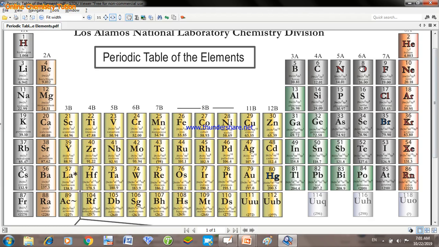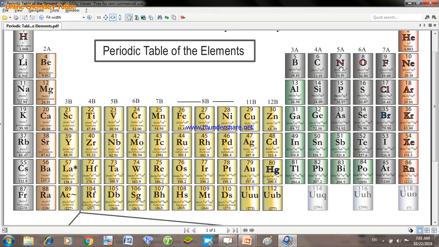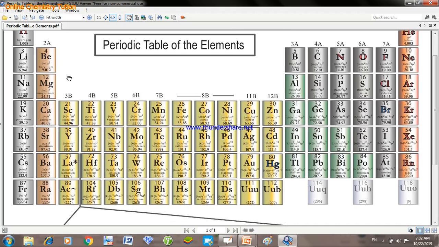If we see groups 5A, 6A, 7A, or in the modern periodic table groups 15, 16, 17, and groups 1, 2, 3, etc., only 1 or 2 electrons are required to attain the noble gas electronic configuration.